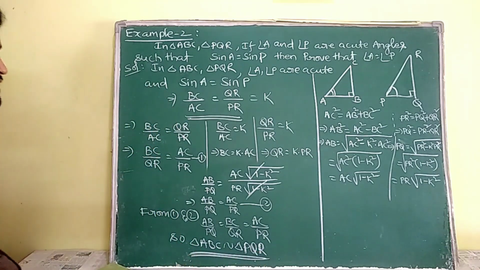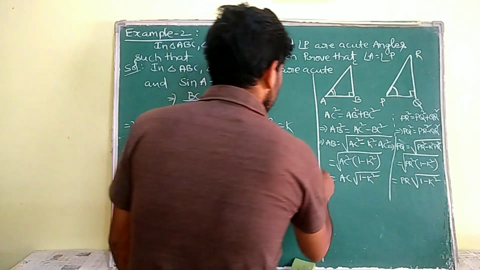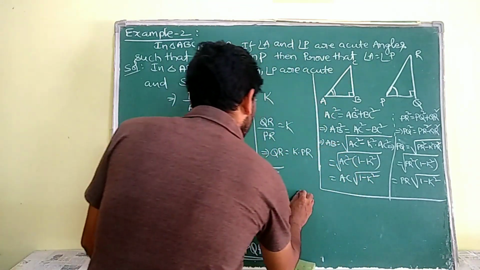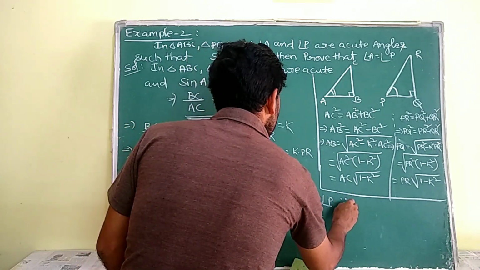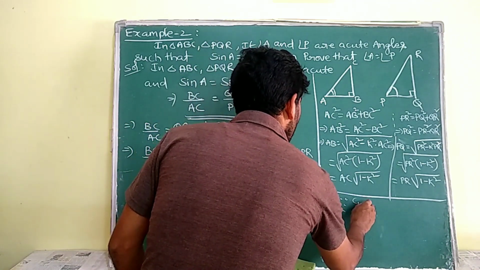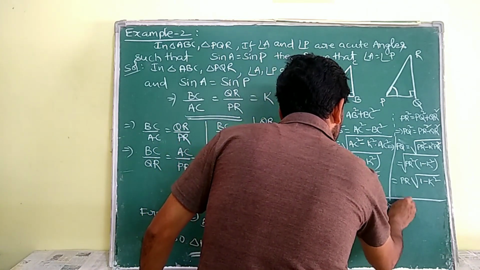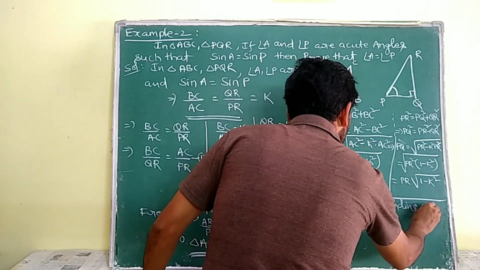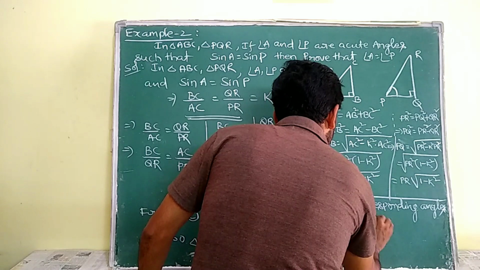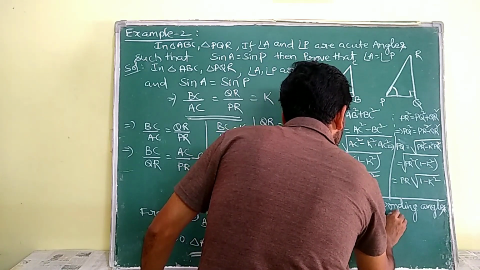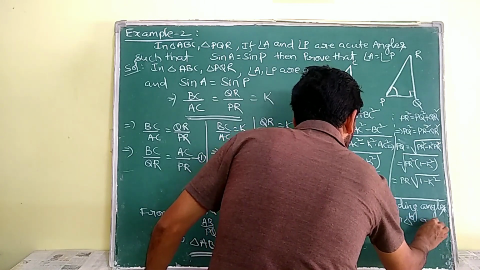Now these two triangles become similar. Seema, if these two triangles are similar, then angle A is equal to angle P, since corresponding angles of similar triangles are equal.